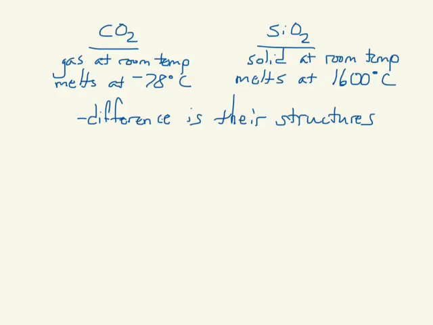They're all linked together through covalent bonds to oxygen in a really giant three-dimensional crystal lattice. Very high temperatures are required to break that structure down and break down those covalent bonds between silicon and oxygen. Compare that to CO2, which just has weak dispersion forces. CO2 is a nonpolar molecule. The only intermolecular force there is dispersion forces, which are very weak.